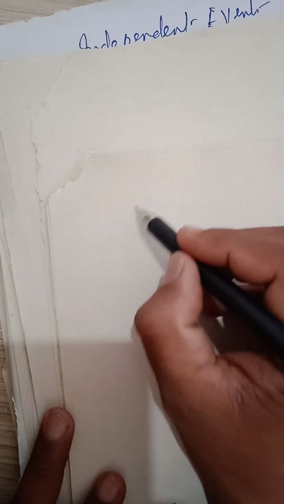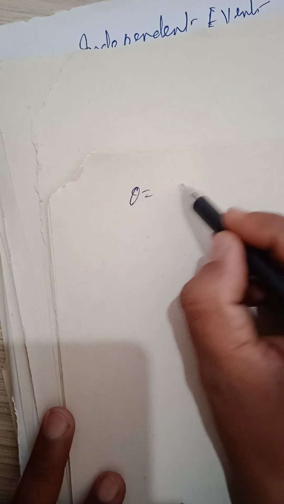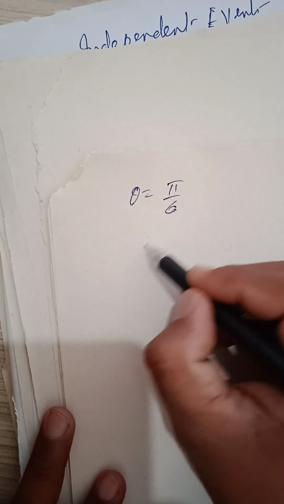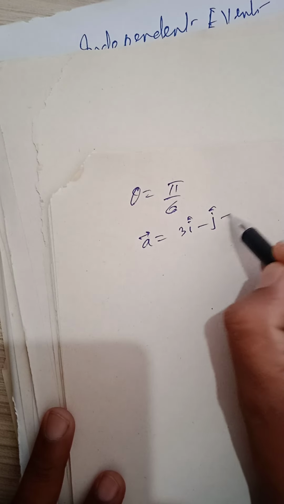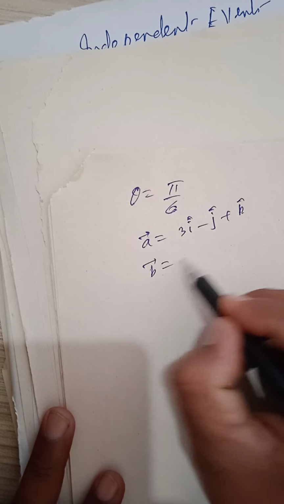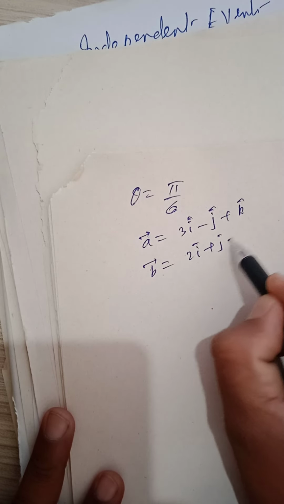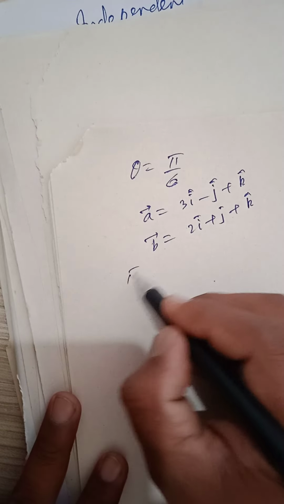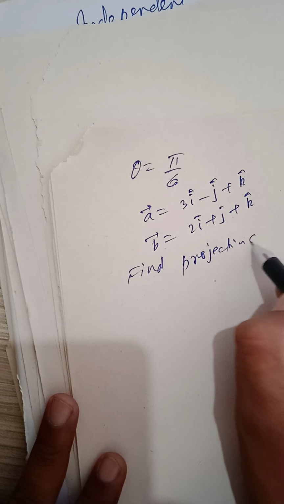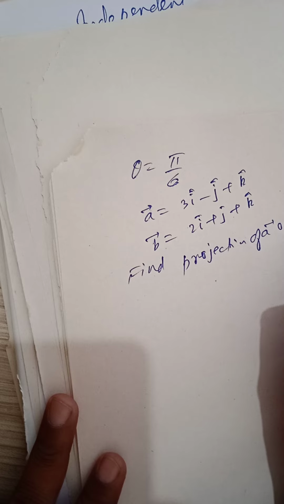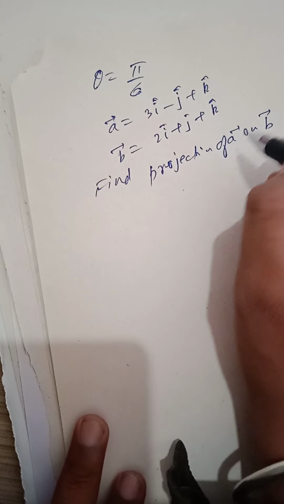The angle between vectors A and B is pi by 6. Vector A is 3i minus j plus k and vector B is 2i plus j plus k. Find the projection of vector A on vector B. This is the question.